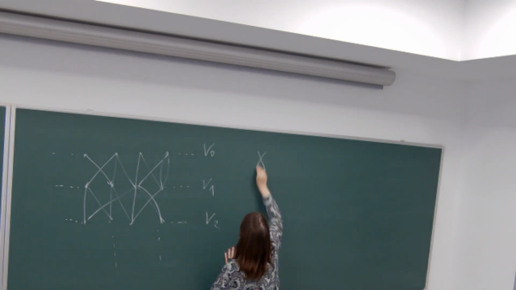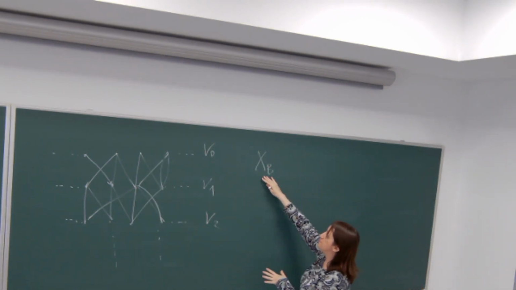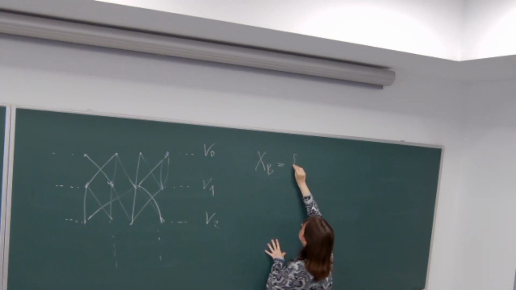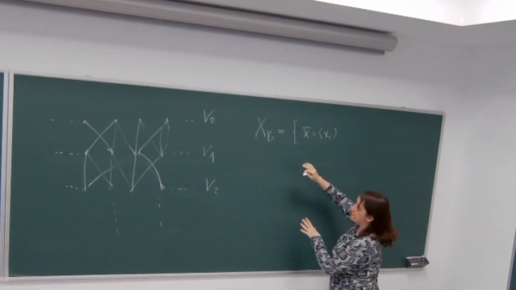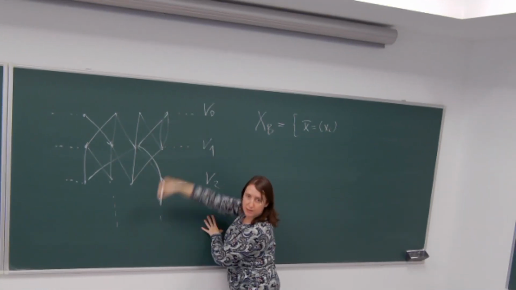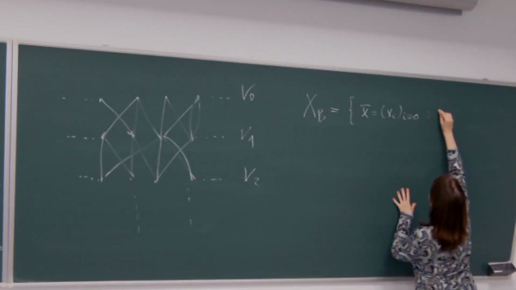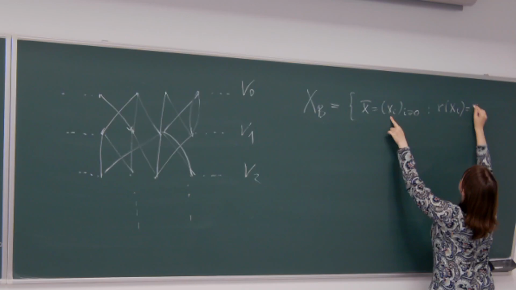And our space for the dynamical system is the path space of this graph. We will denote it by X_B. It's the set of all infinite paths which start from level zero and go downwards. So we have a sequence of edges which form a path.